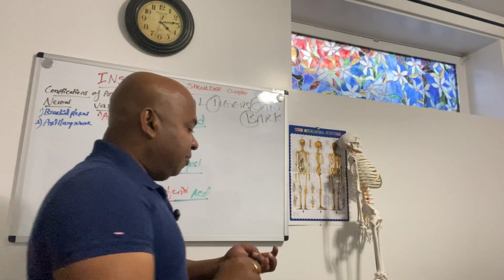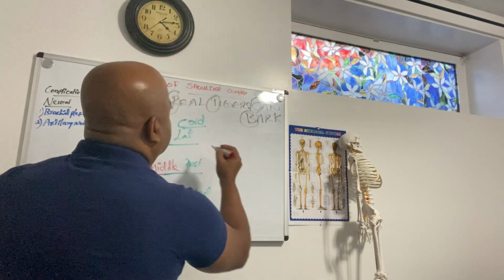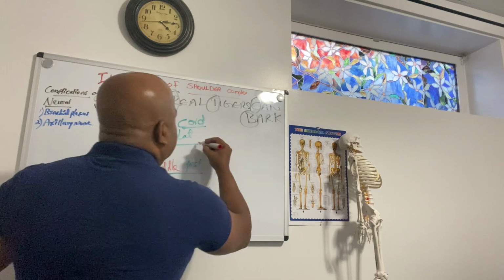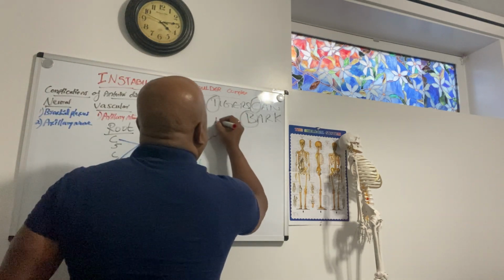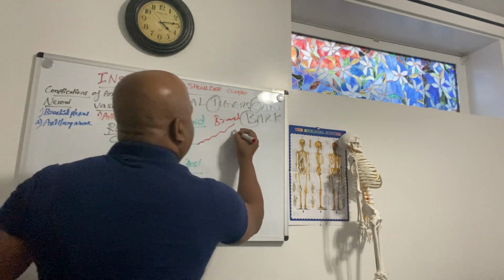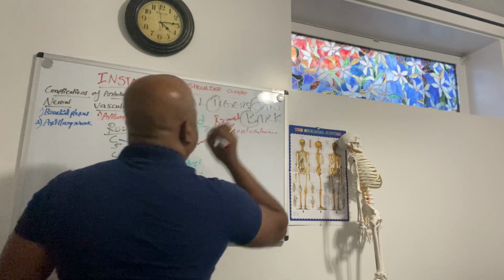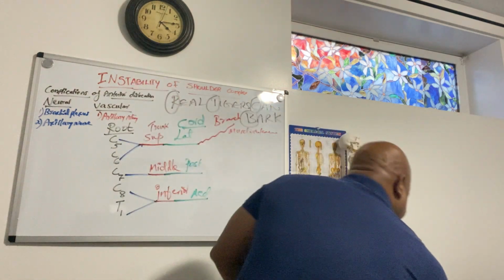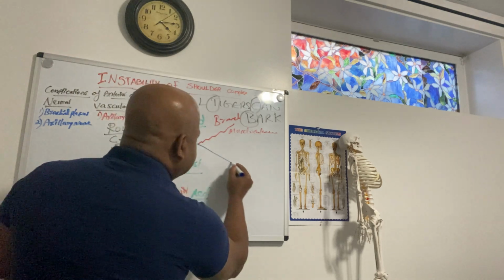From the cord, we are moving to the branches of the brachial plexus. The lateral cord continues to form the branch of the brachial plexus. The first one is the musculocutaneous nerve, from the lateral cord.